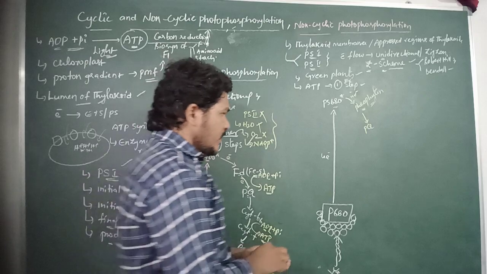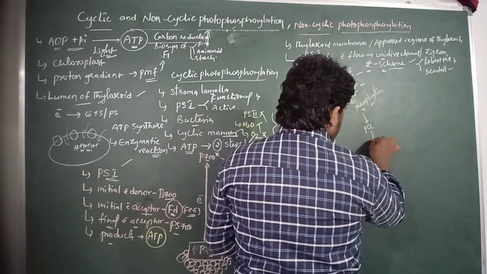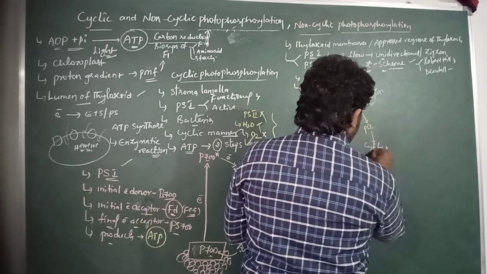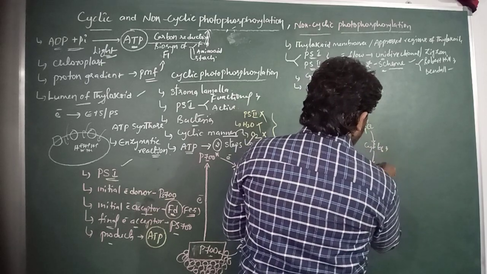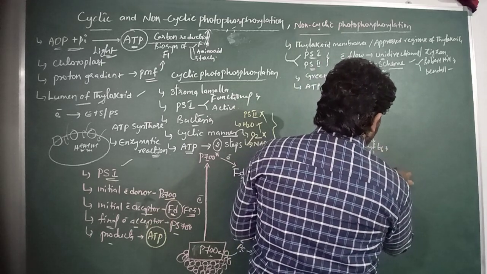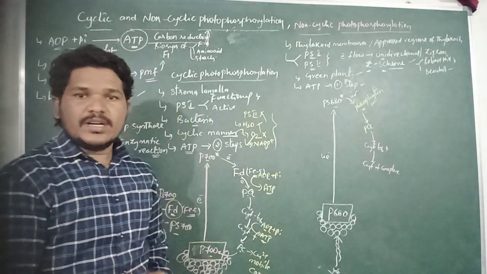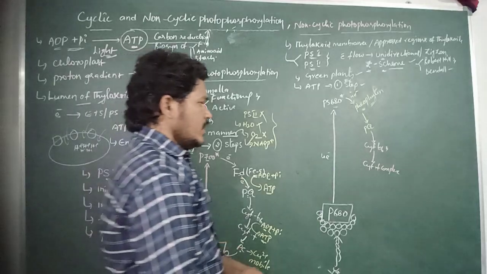Then plastoquinone transfers the electrons to the cytochrome B6F complex.